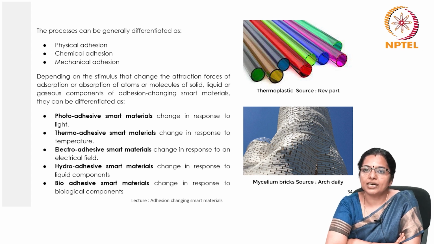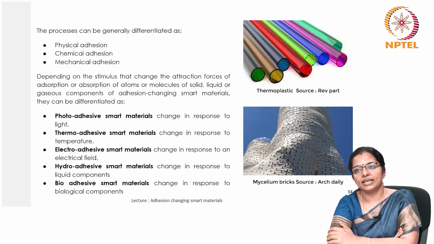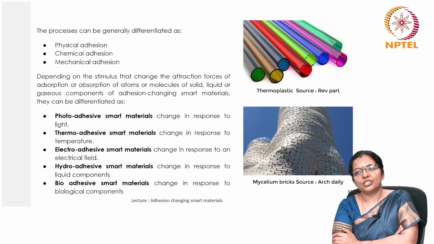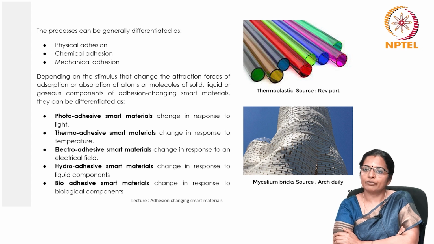These change the attraction forces of adsorption or absorption of atoms or molecules of solid, liquid or gaseous components in response to temperature. Thermoplastics are one example of smart materials that have strong thermal adhesive properties. They create a temperature dependent bond between different components.